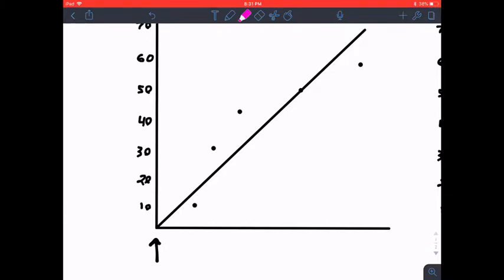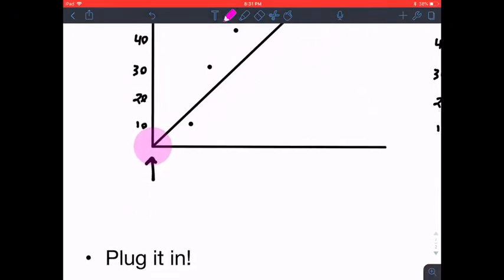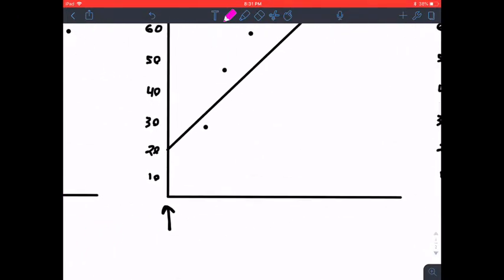Sometimes the y value, when x is 0, right there, is at the origin. And so then our y-intercept, which is written with the variable b, the y-intercept would be 0 in this case. So b equals 0.